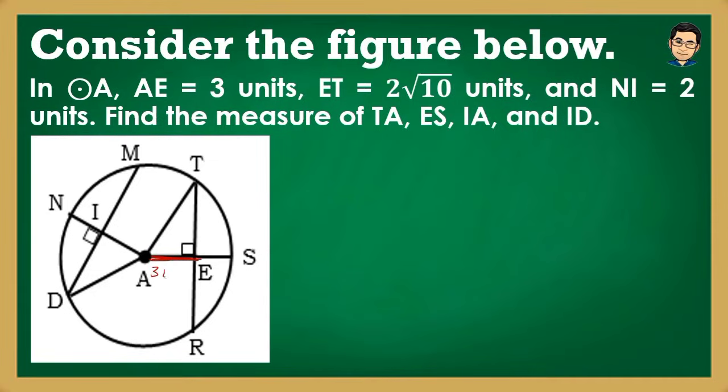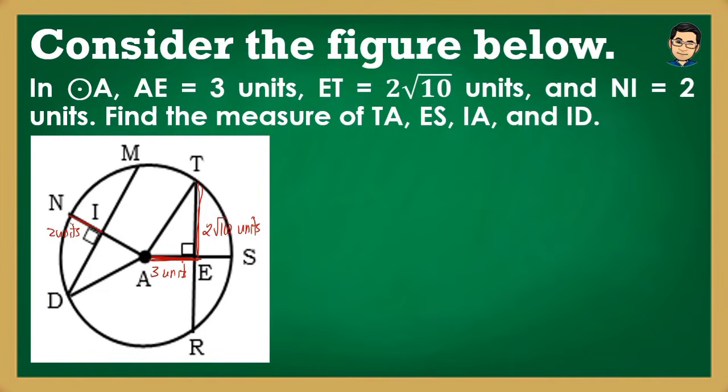This is 3 units. And then ET or TE is equal to 2 square root of 10 units. And then, yung NI natin is 2 units. So, find the measure of TA, ES, IA, and ID.